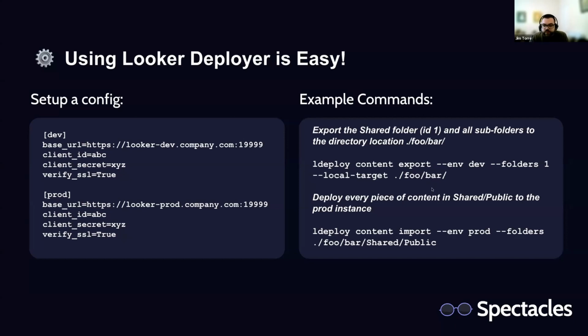The second example imports all the content from a public folder into my production environment. So I'm saying content import into prod, specifying the folder on my local file system, which was a subset of where I exported. So I only want to push back this one particular folder, and I'm pushing that up into my production environment.